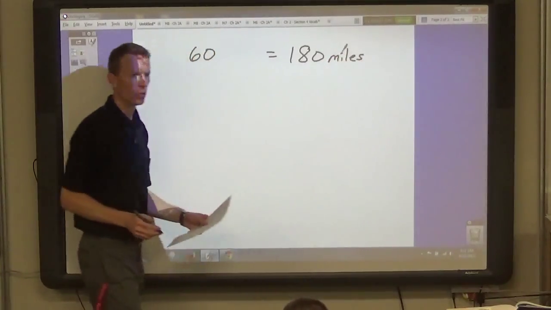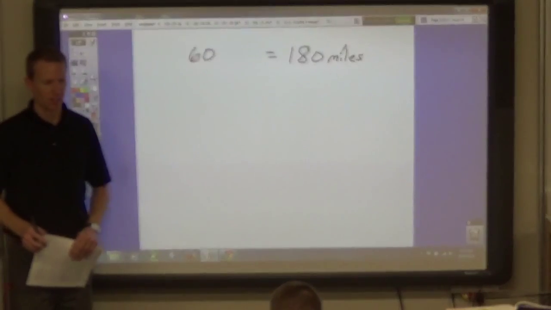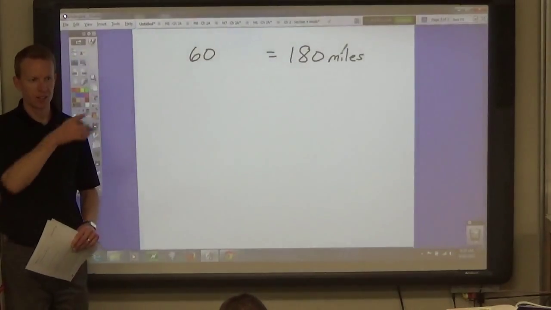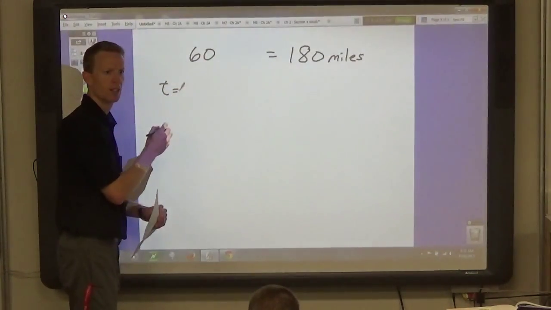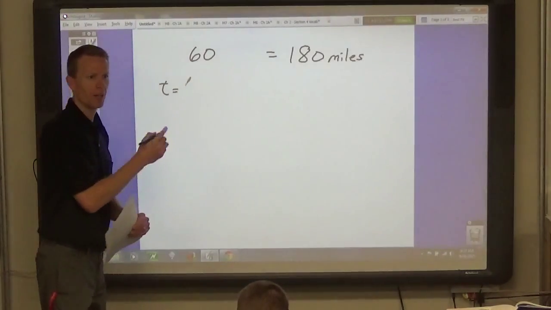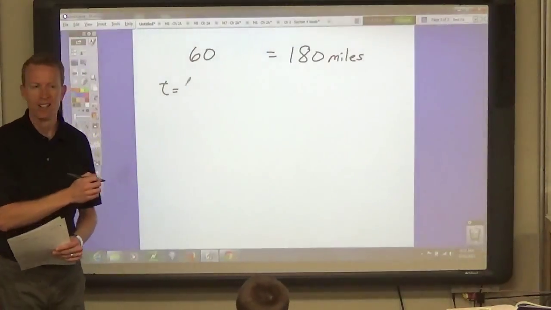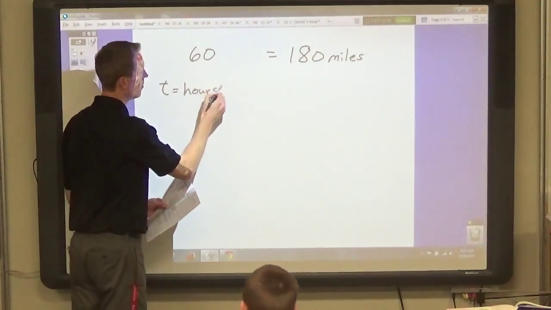What variable is missing? T. So T equals time in, is it minutes, seconds? It's in hours, right? So we're going to write hours.